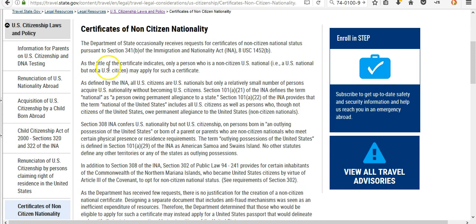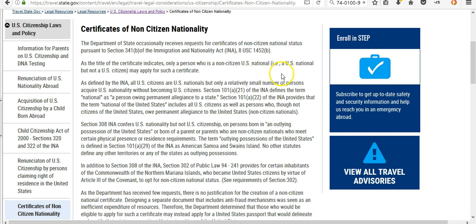As the title of the certificate indicates, only a person who is a non-citizen U.S. national, for example a U.S. national but not a U.S. citizen, may apply for such a certificate. That's important right there.